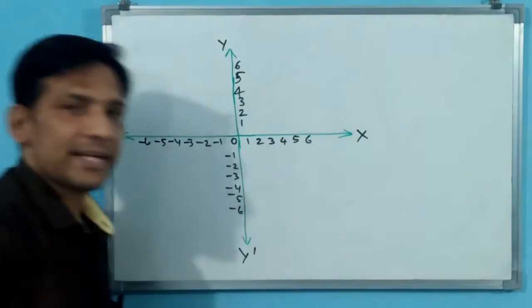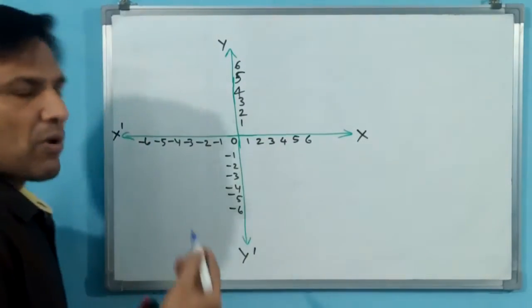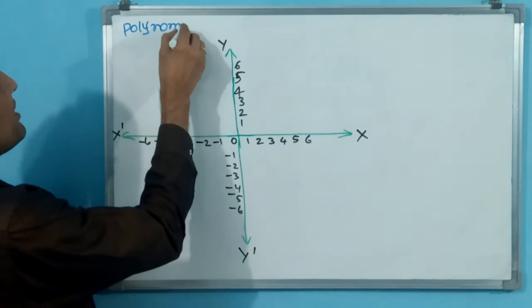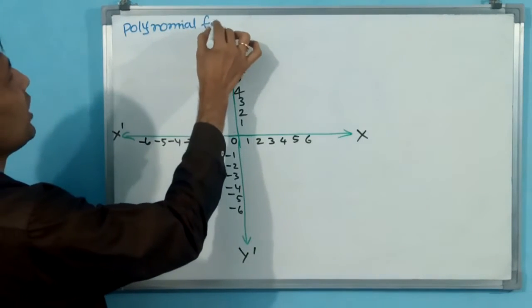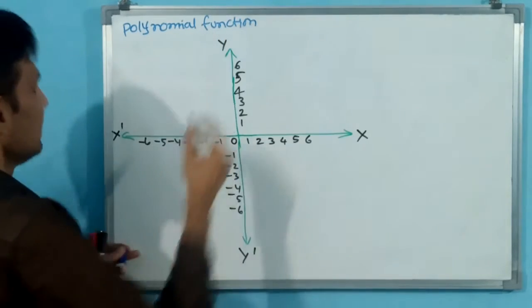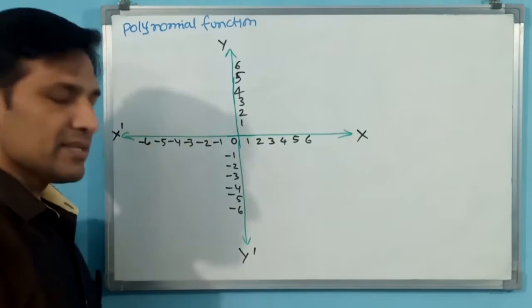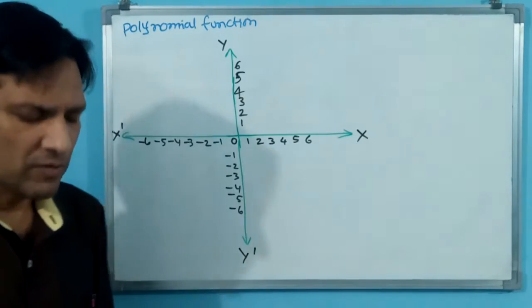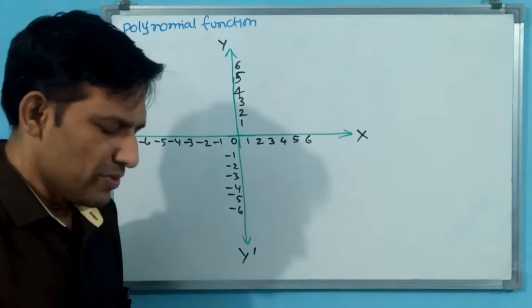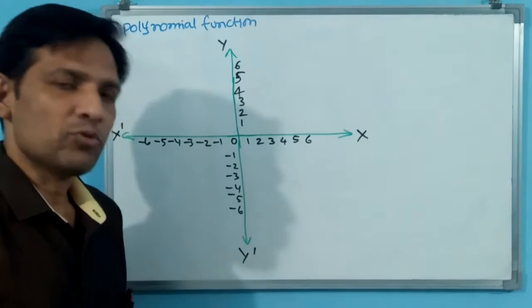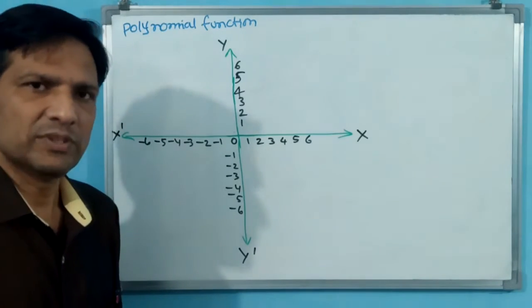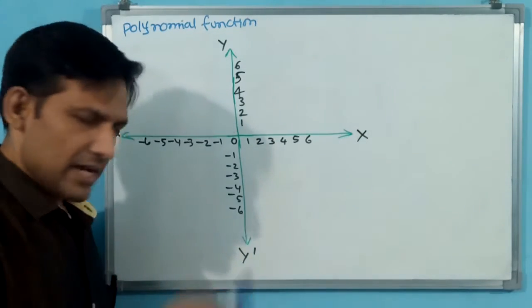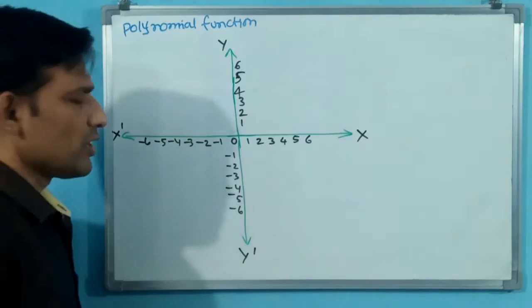Next we understand the polynomial function. In basic classes, or in 10th class, we understood what a polynomial is. A polynomial represents functions with x square, x cube, whatever it may be. Let us write and understand the polynomial function.